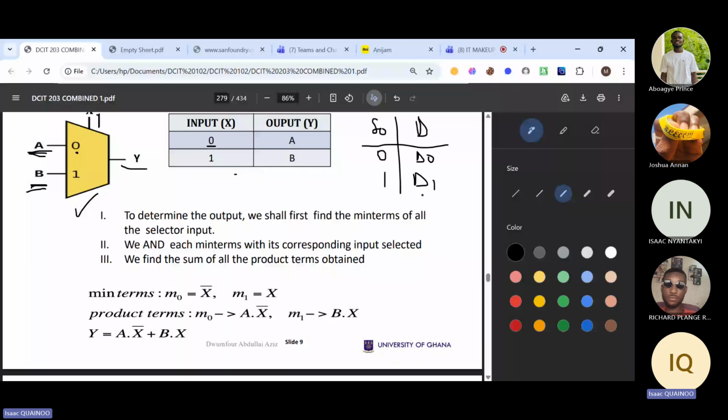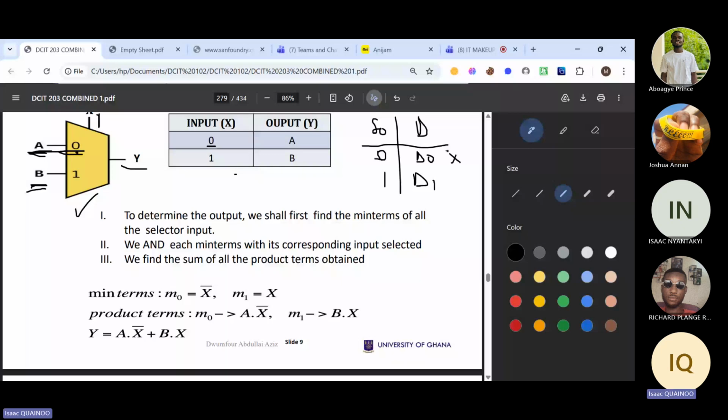So in this case, you have data line 0 when the selector is 0, and the corresponding data line is A. If you write in terms of X, that is X prime.